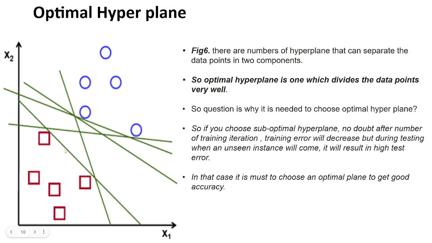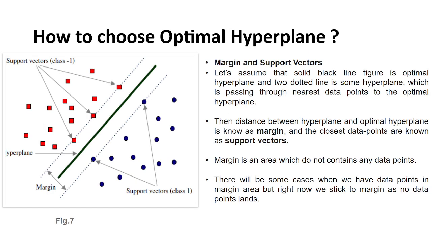That is called the optimal hyperplane. So we can find the perfect margin or line which separates these two data sets. Here is how we choose the optimal hyperplane.